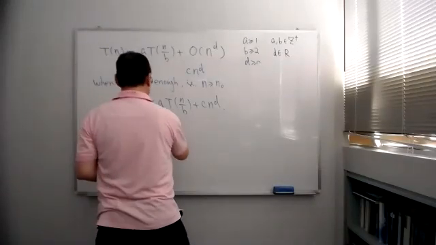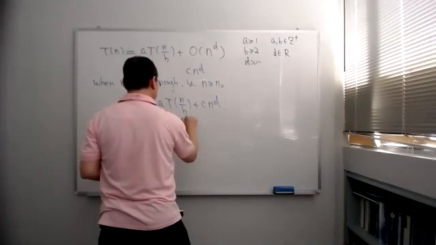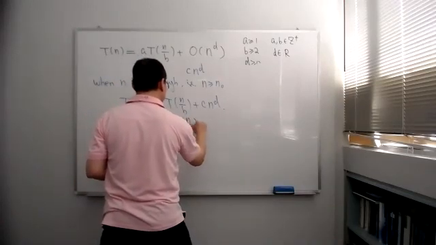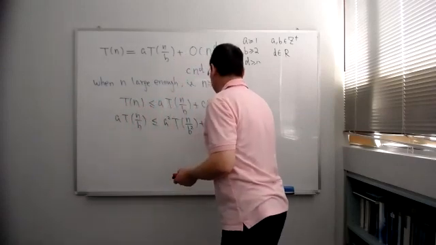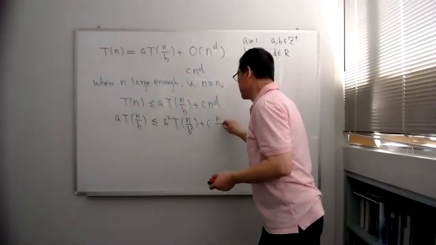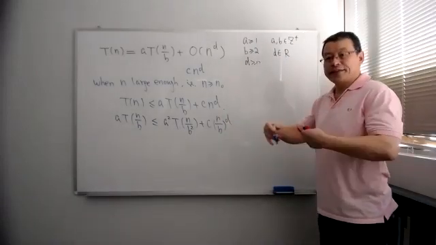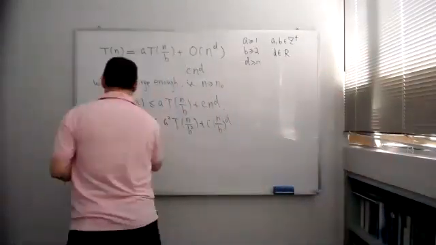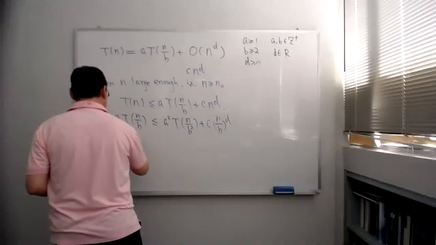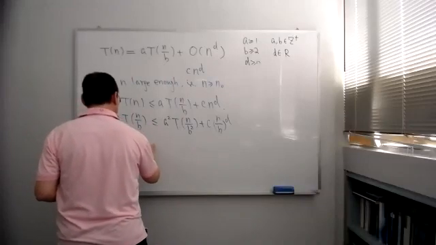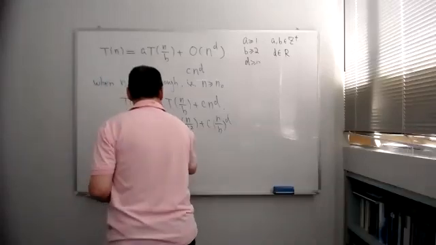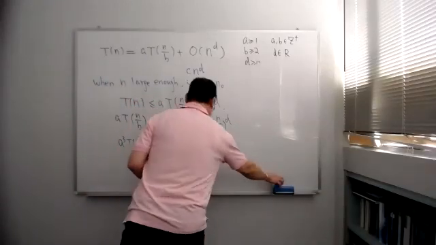So we get a squared T(n/b squared) plus c, where n is divided by b. Then we have a cubed T(n/b cubed) and so on.